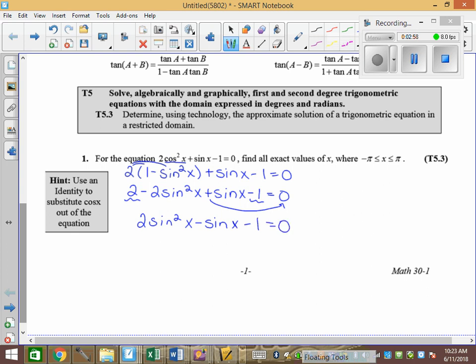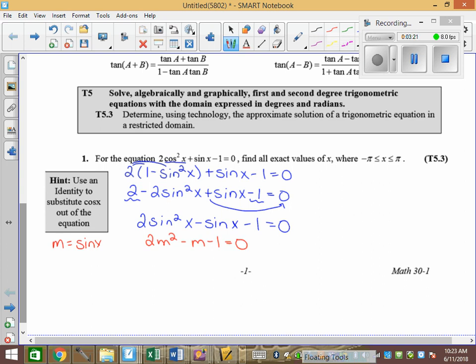And then what could I do here to make it easier? Do decomp, and you could replace the sines with m as long as you remember to put it back. So m equals sine x. You do 2m squared minus m minus 1 equals 0. What could you do?